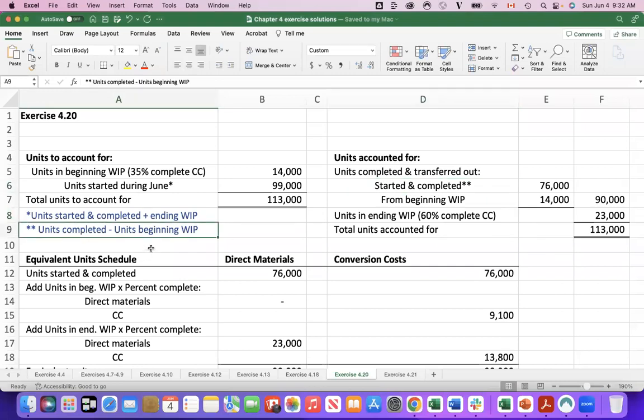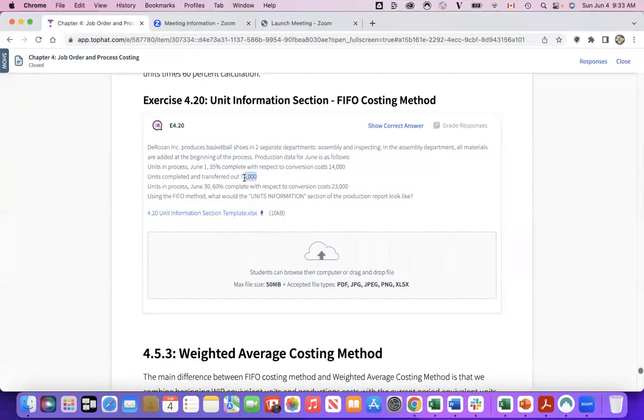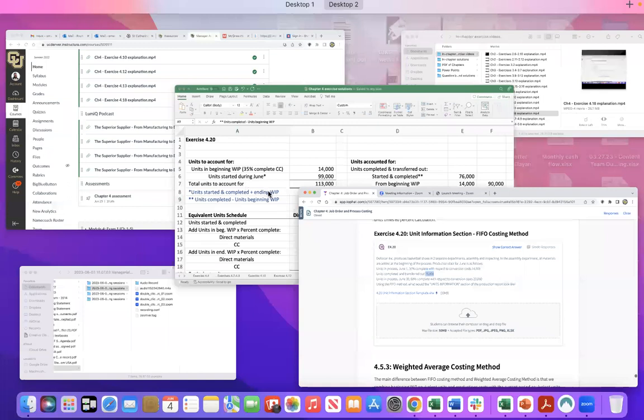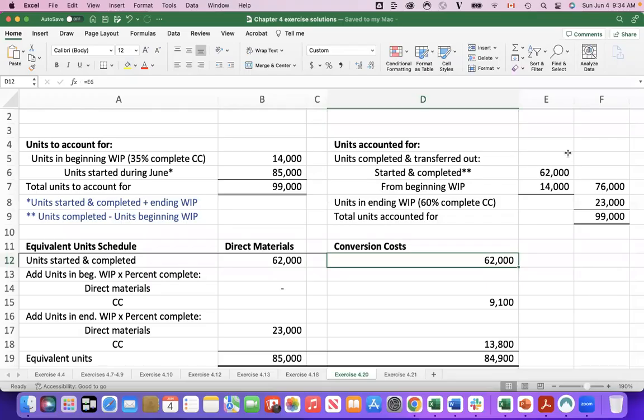Units that were completed during the month, which we have, which was 76,000, less units in beginning inventory, which we already said was 14,000, excuse me. After making the correction, I just noticed here, my apologies, everyone.